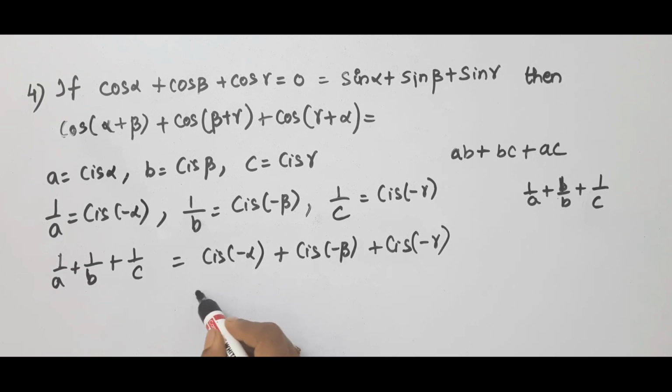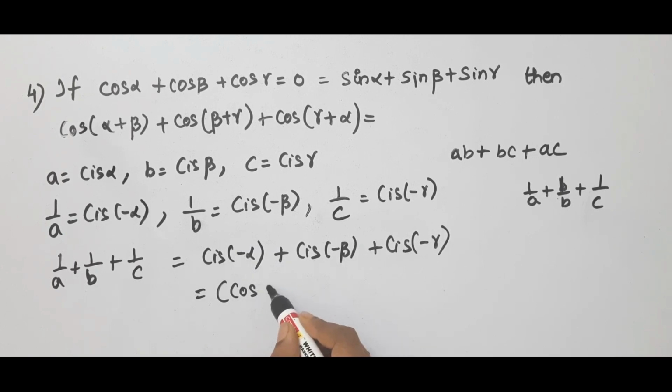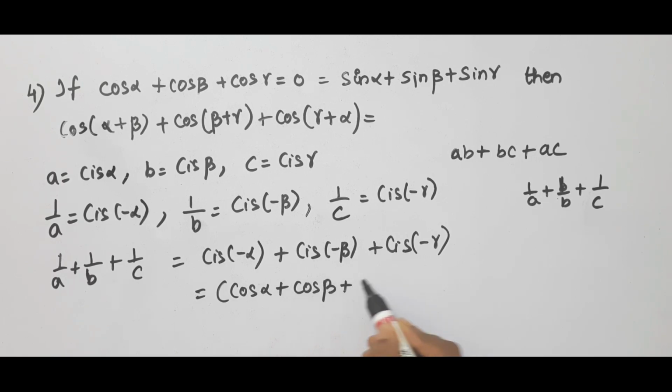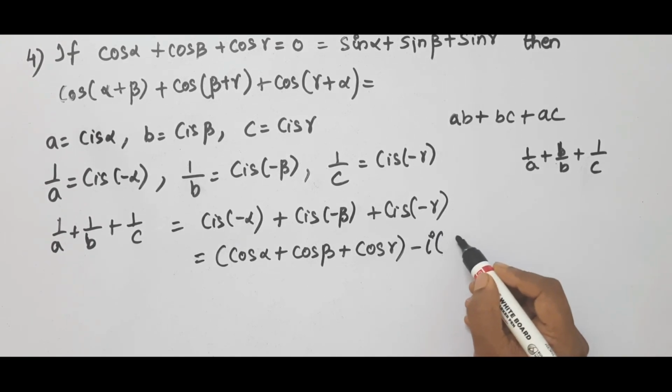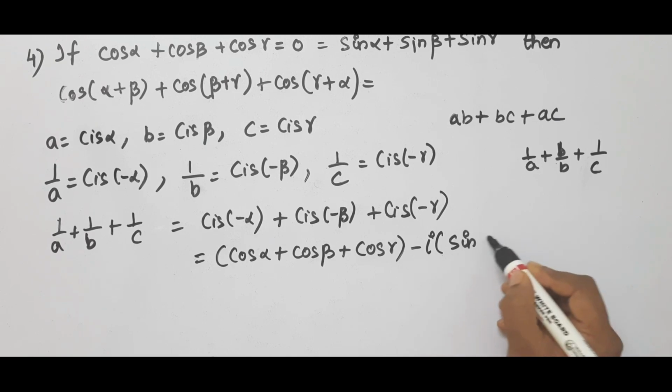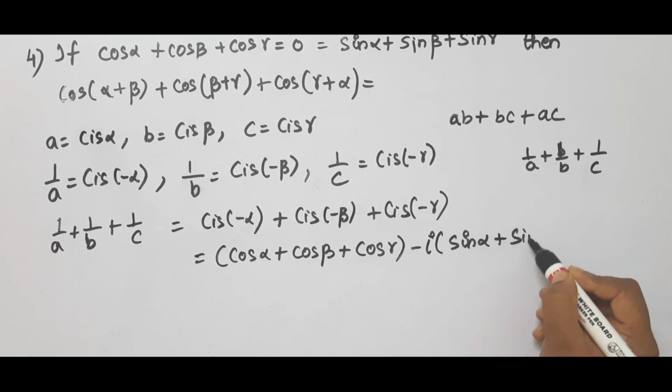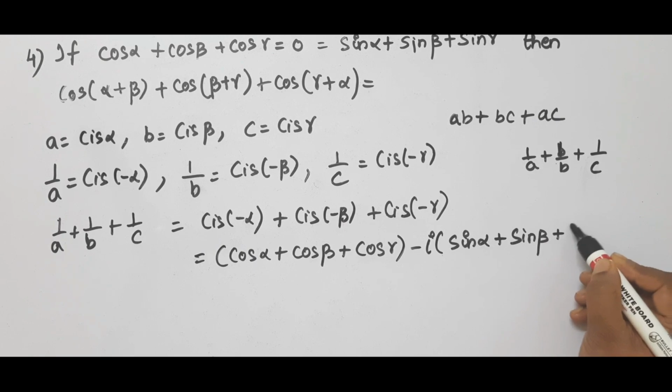Now this can be written as cos of minus alpha is nothing but cos alpha, plus cos beta plus cos gamma, minus I into sin alpha plus sin beta plus sin gamma.